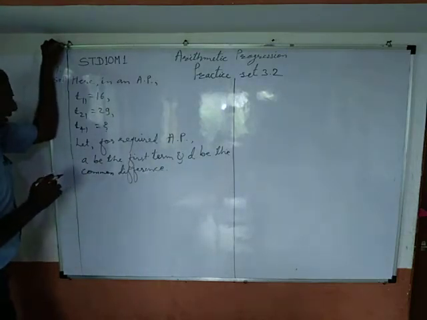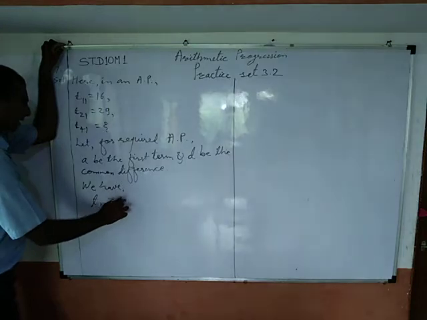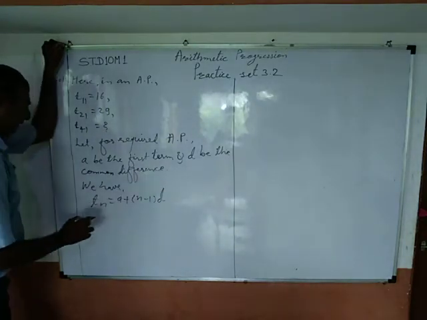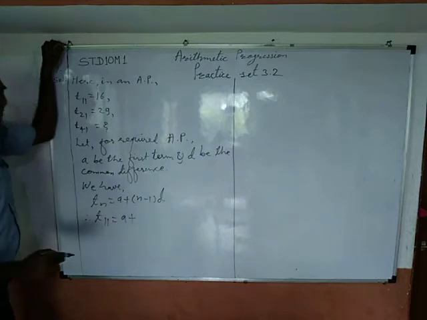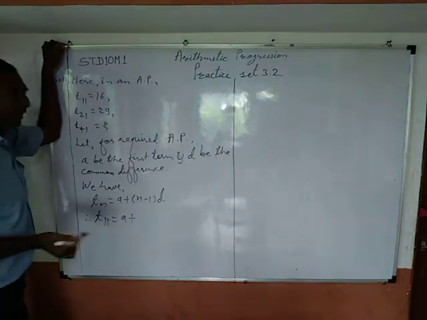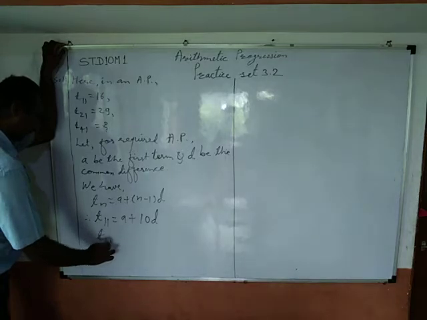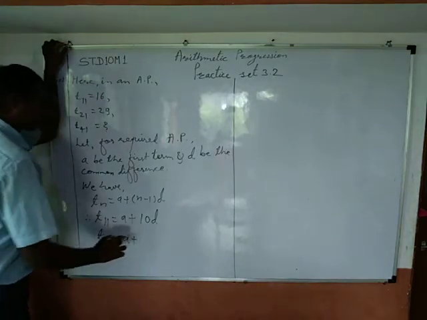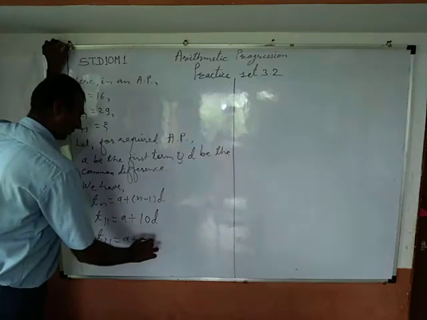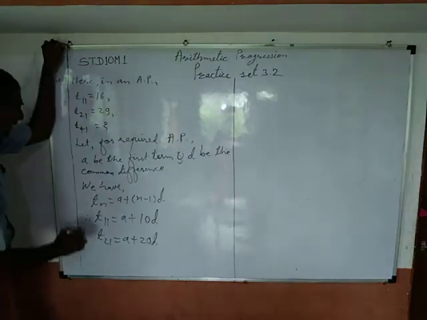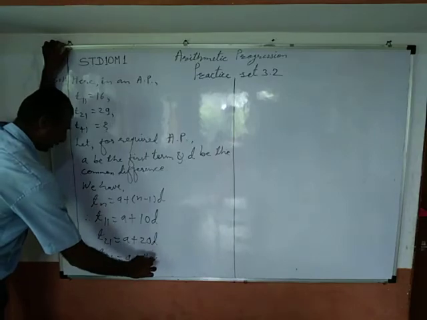We have the formula Tn equals A plus (n minus 1) into D, and therefore T11 will be A plus (11 minus 1) into D, meaning 10D, and T21 equals A plus (21 minus 1) into D, and 21 minus 1 gives us 20D. And T41 will obviously be A plus 40D.